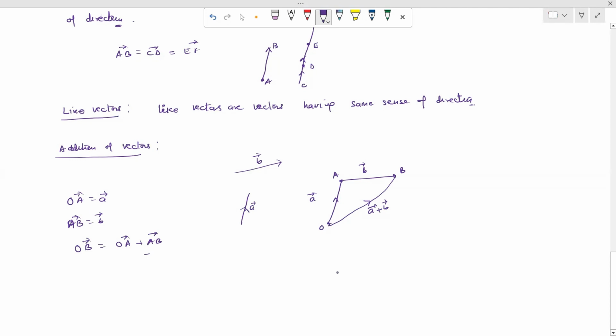When we obtain the subtraction, it is the same as subtraction of the vectors.